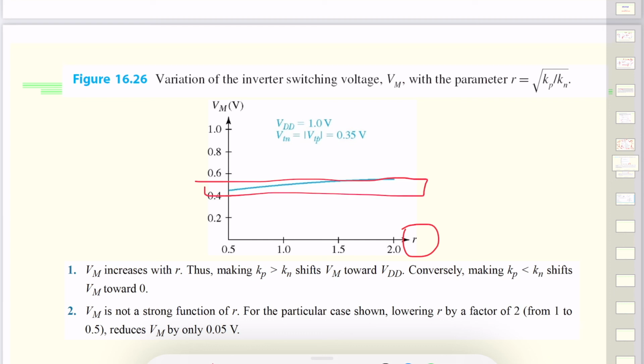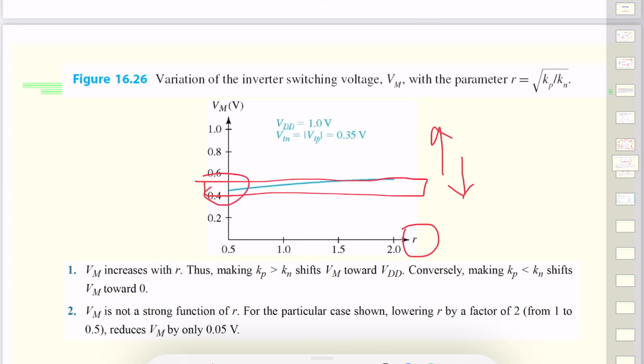So there are a couple of observations. You can see that it increases with R, which means that when the transfer function of the PMOS is higher than the NMOS, it shifts VM more towards a higher value close to VDD, and the other way it will go down.